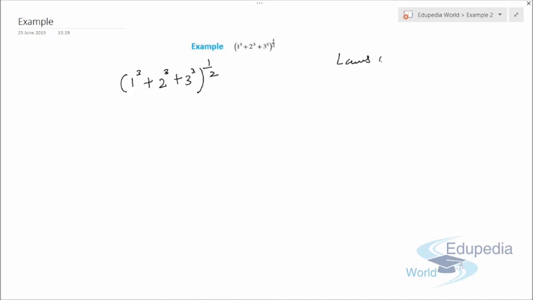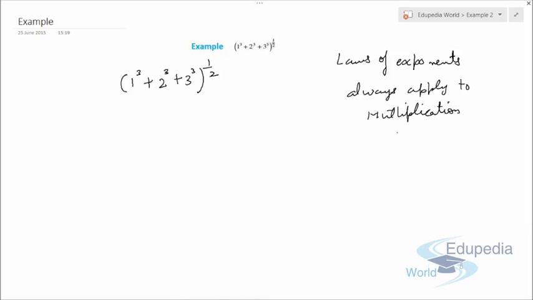Laws of exponents always apply to multiplication or division. So always remember.